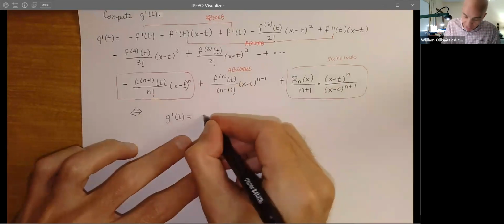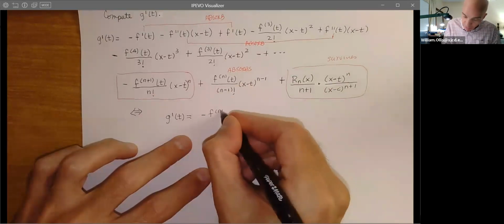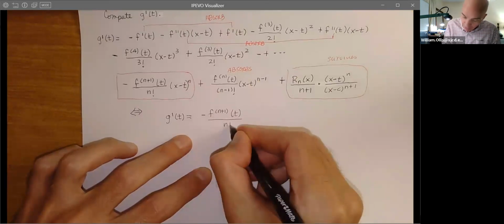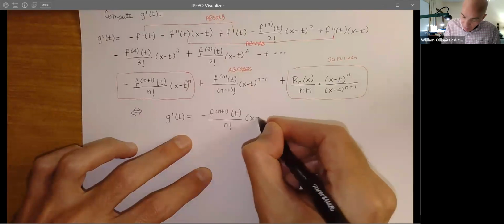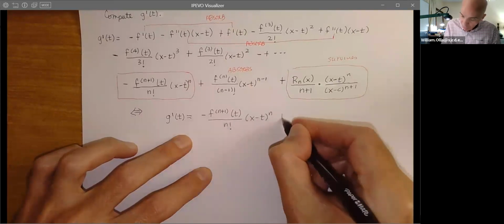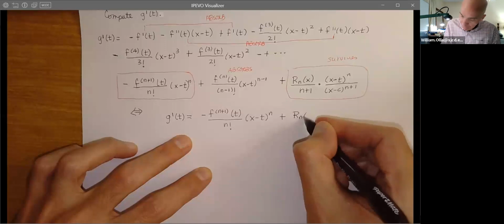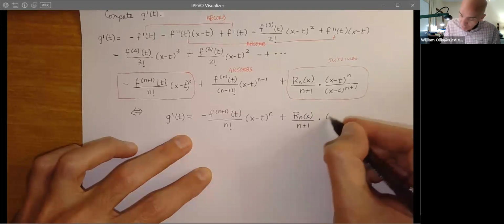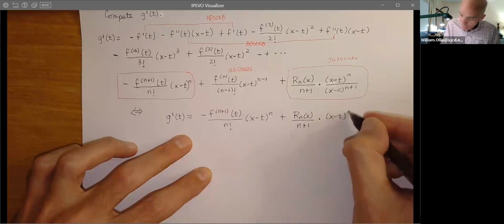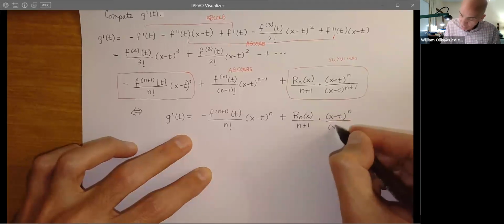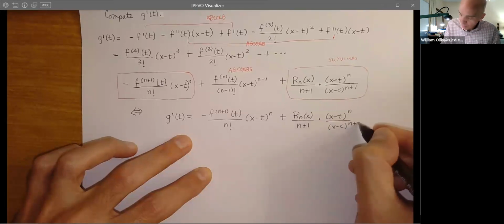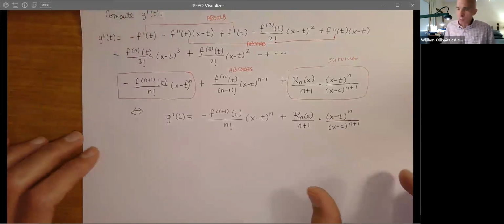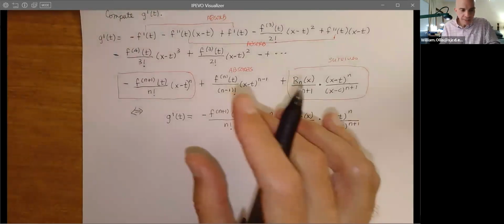So we have the negative of the n plus first derivative of f at t divided by n factorial times x minus t to the n, plus Rn of x divided by n plus 1 times x minus t to the n divided by x minus c to the n plus 1. Now, when you look at this and you say, okay, so what do I do here? Well, let's go back to this.